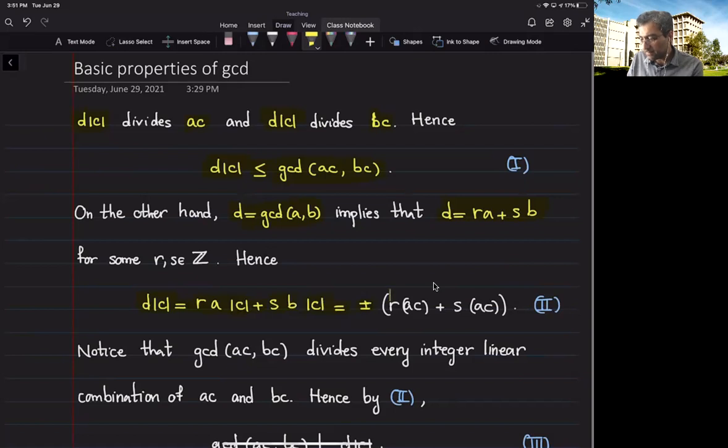And I get that it is R times AC plus S times BC.